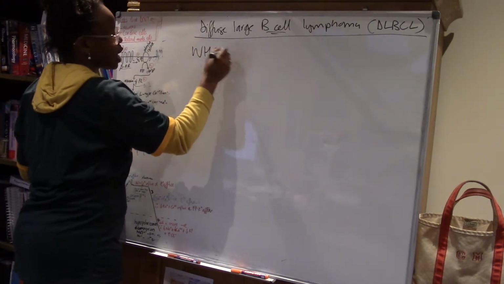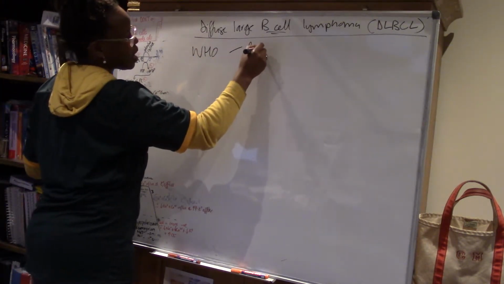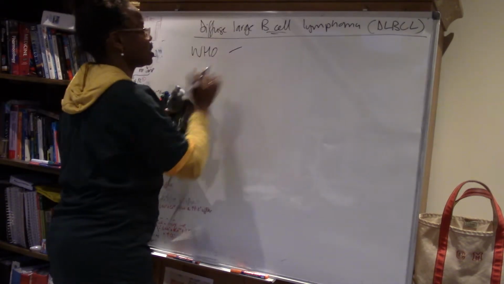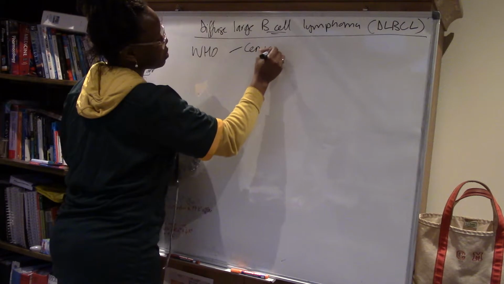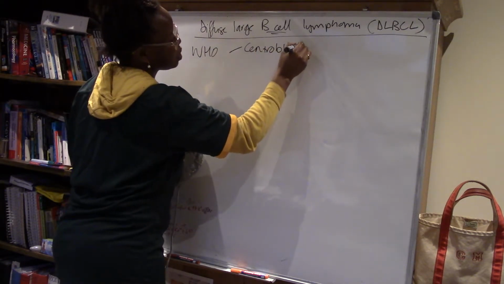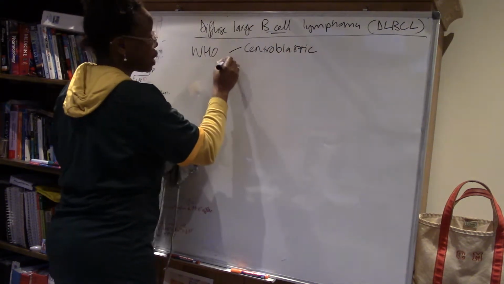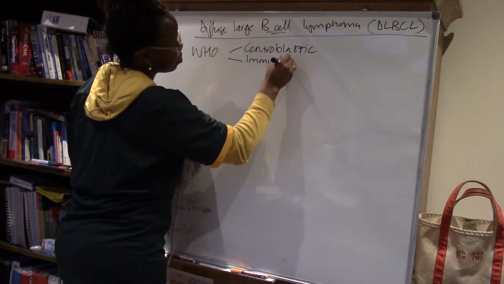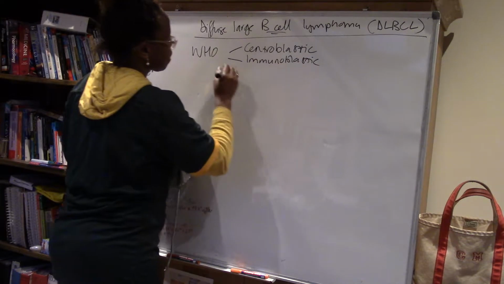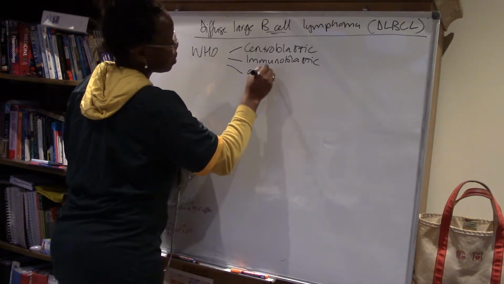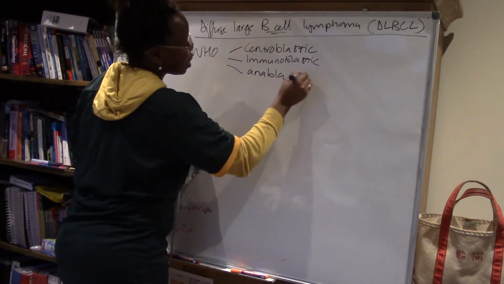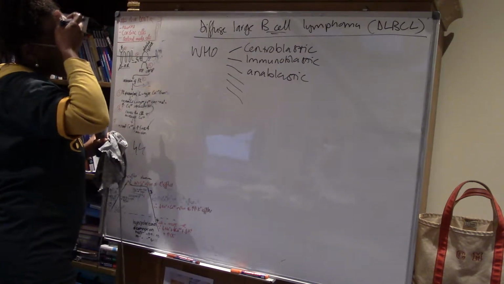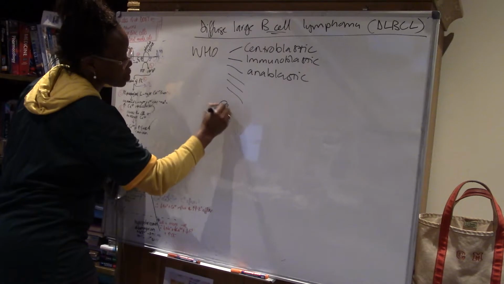The three commonest are centroblastic, immunoblastic, and then there is the anaplastic, and then there are other types as well, and subtypes.